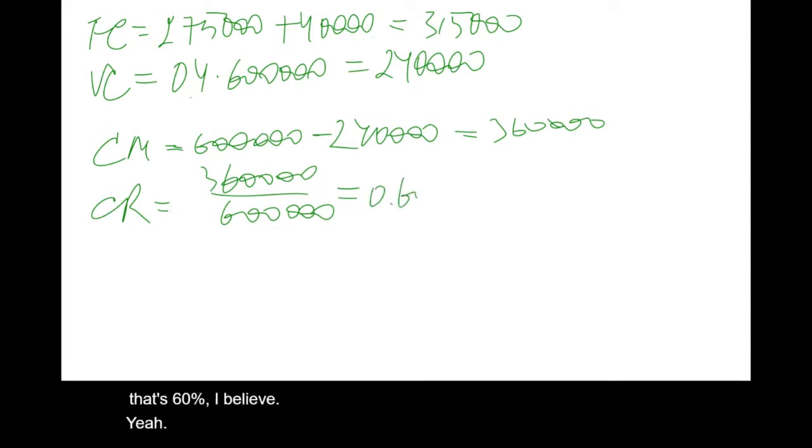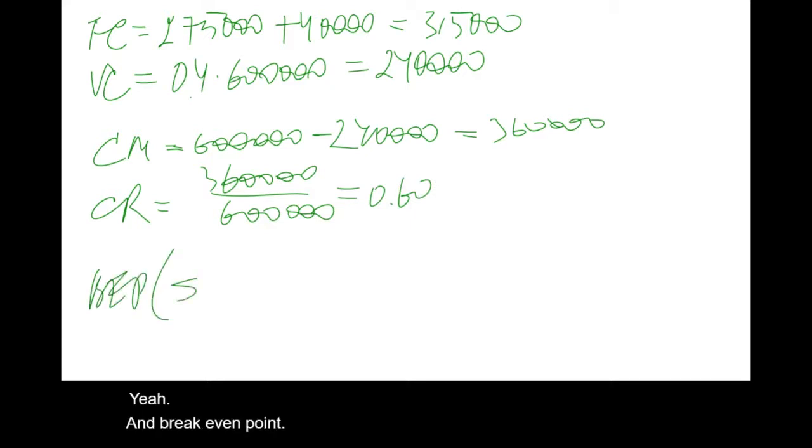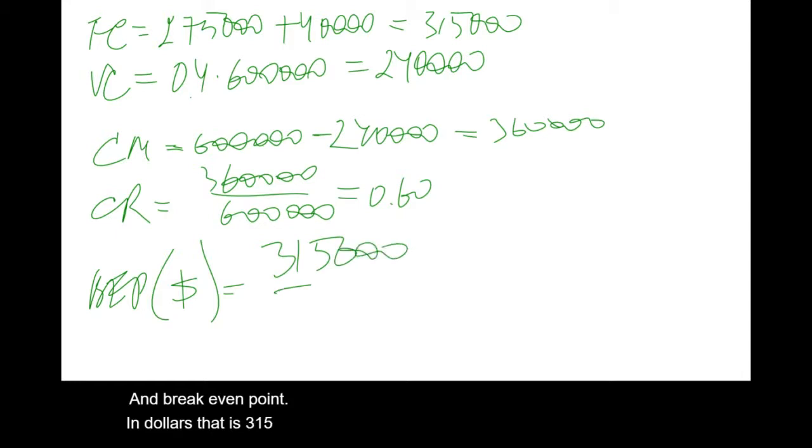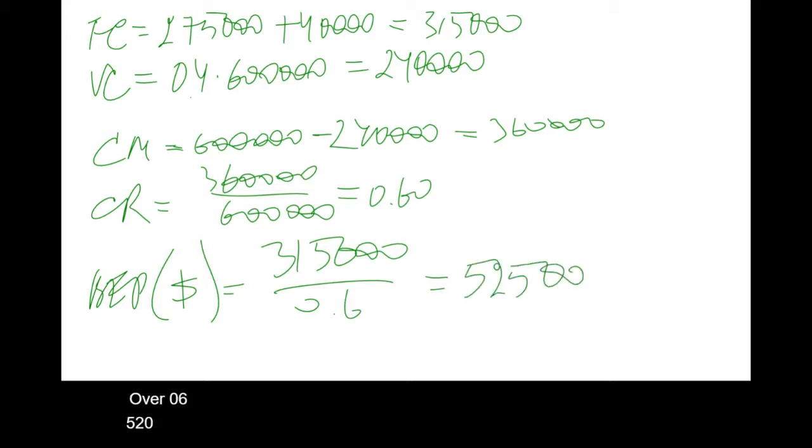And break-even point in dollars is 315,000 over 0.6, 525,000 units. I mean, dollars. That's it. Questions?